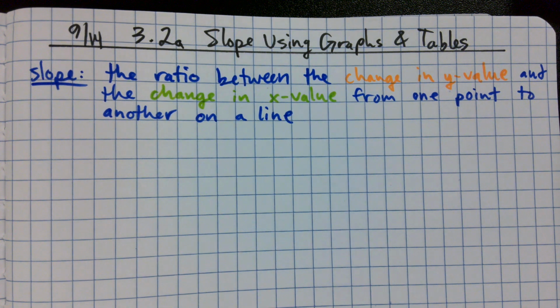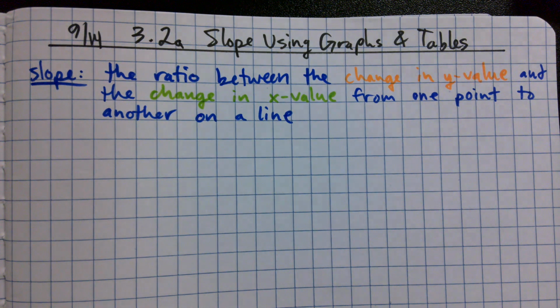Slope can be defined as the ratio between the change in y value and the change in x value from one point to another on a line.